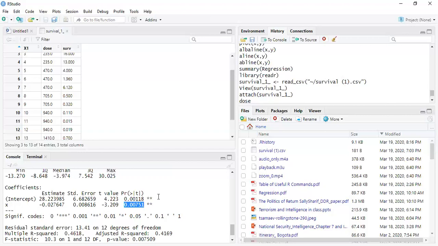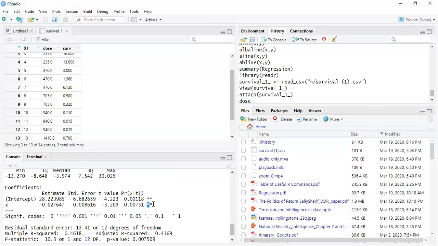As you can see, we're not looking up here, we're looking here at our x variable, that it's 0.00751. That's significantly lower than 0.05, which means anything lower than 0.05 in the p-value is significant.